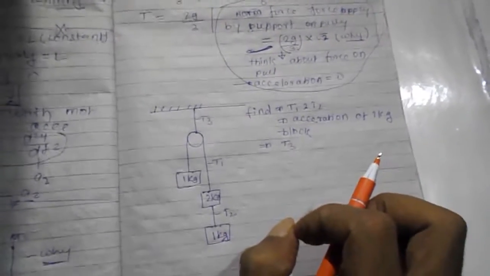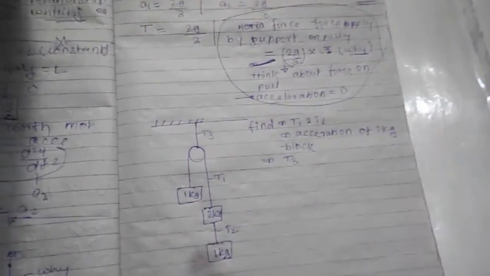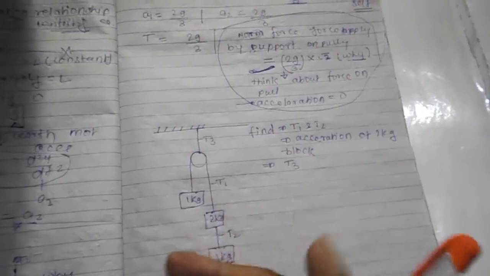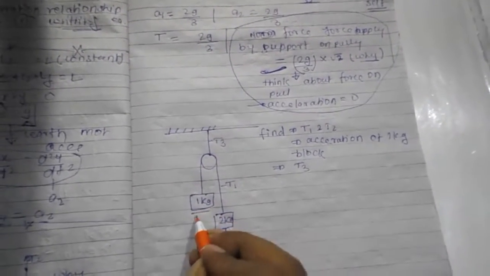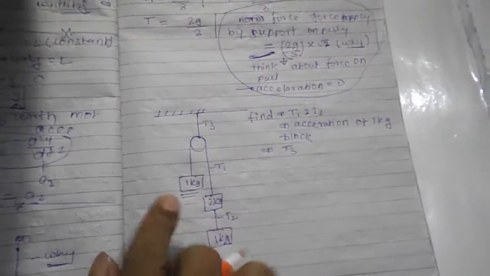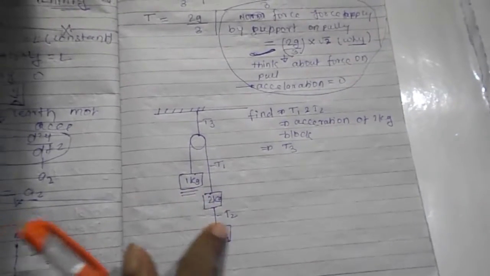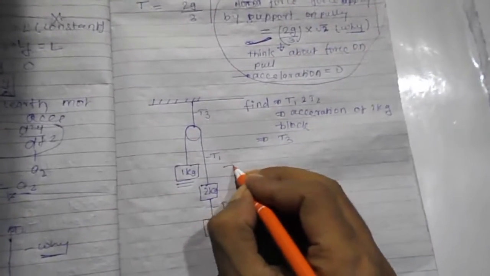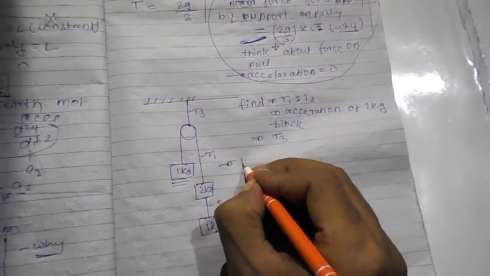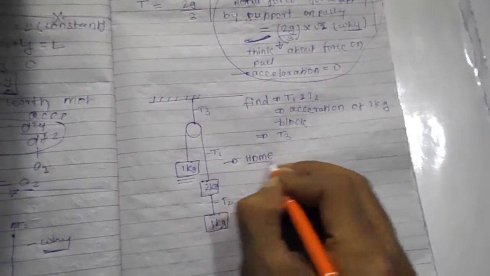Okay guys, here again we have 3 fundamental steps. We should draw the free body diagram, try to find the acceleration, and then you should do it. Okay, this is your homework. I am just giving the answer.